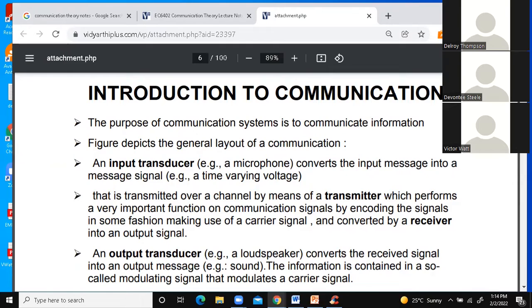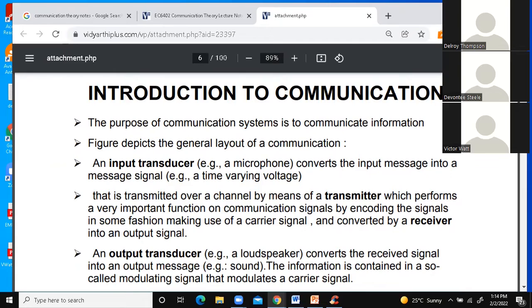So that voltage is transmitted over a channel by means of a transmitter, which performs a very important function on the communication signal by encoding the signal into some fashion, making use of a carrier signal, and converted by a receiver to an output signal. All right? So that's sort of self-explanatory.